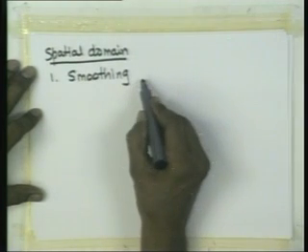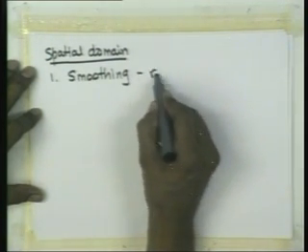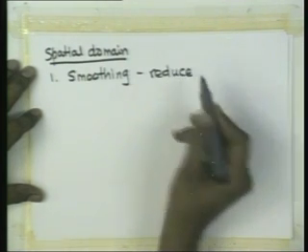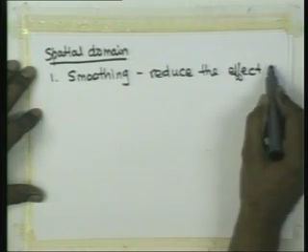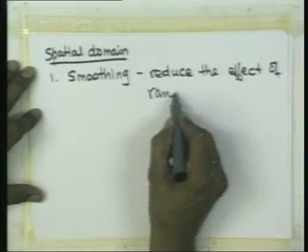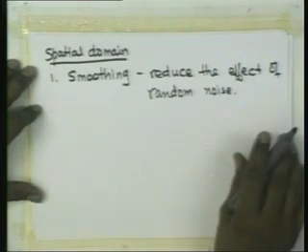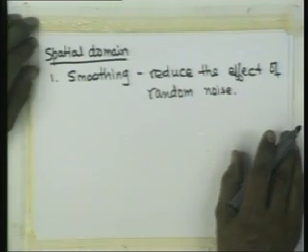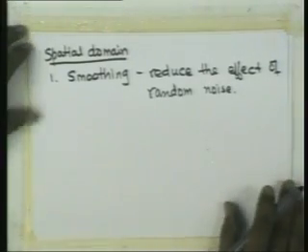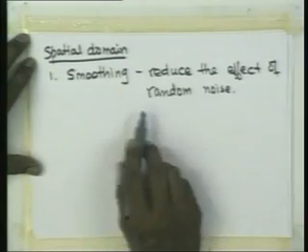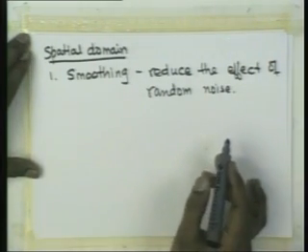Okay, smoothing is basically used for removal of noise or to reduce the effect of random noise. Okay, noise always is present. You have, because of either reflections, or you can have some electronic noise creeping in, the image is going to have some variation in intensity which could be of random type.